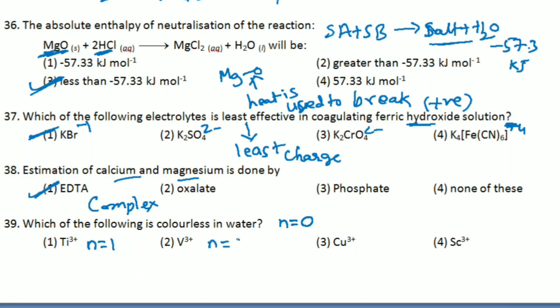Vanadium 3 plus, n is equal to 2. Cu3 plus, at least Cu3 plus does not exist, but fine, if you take 3d8 you will get, Cu2 plus is 3d9, so Cu3 plus is 3d8, which means 2 I can write. Sc3 plus is equal to 0. Because of that reason, answer for this question is Sc3 plus.